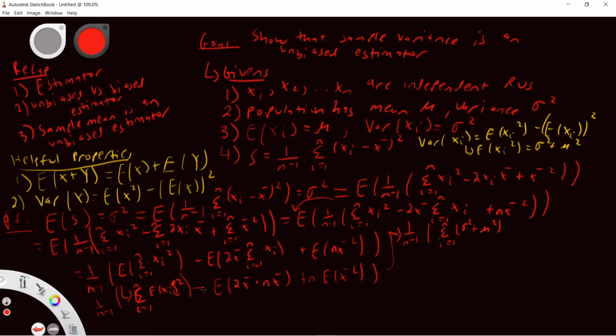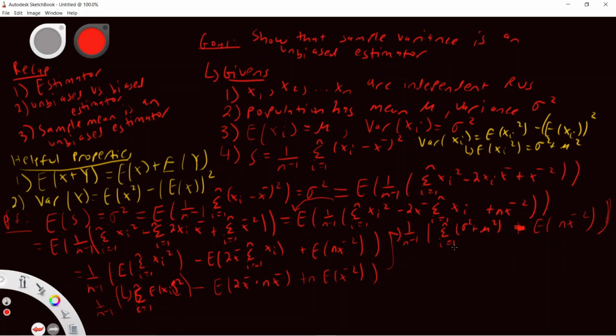So this is just going to be the expectation of 2 n x bar squared minus n x bar squared. Combining like terms, this is actually going to be minus the expectation of n x bar squared. We're essentially using property 1 in the reverse direction.